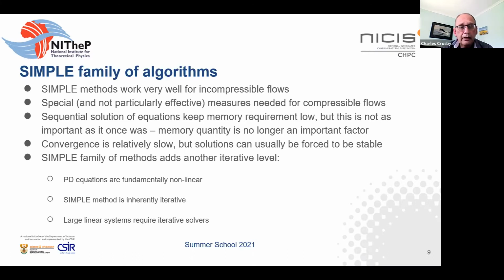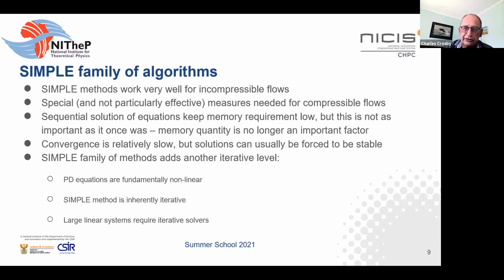So the disadvantage of the SIMPLE method is that your convergence can be relatively slow, especially if you've got a lot of complicated physics that get added in, and especially if you start adding compressibility. But then there are better methods to use. But you can normally find some way of forcing the solution to be stable. It illustrates the point that you've got three levels of iteration in a typical solver.